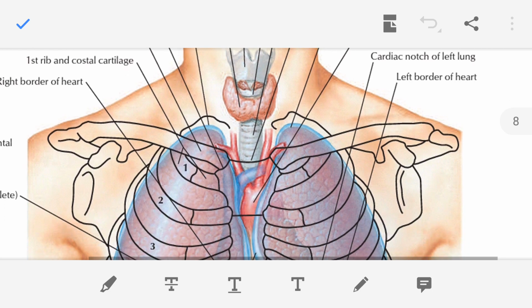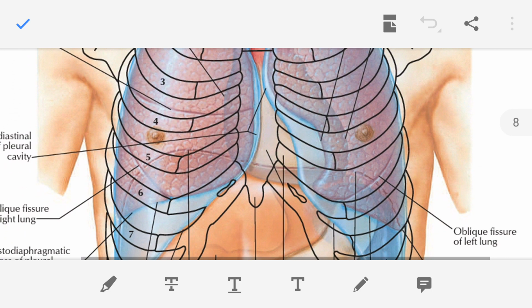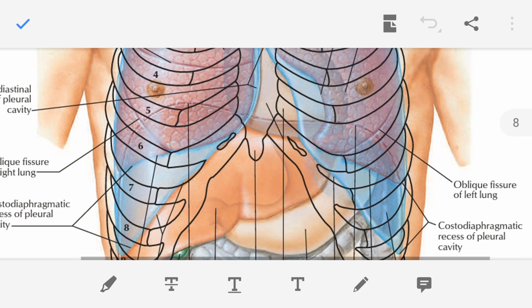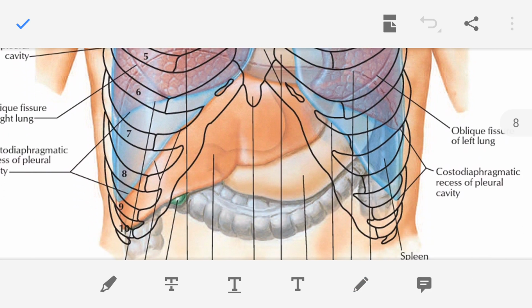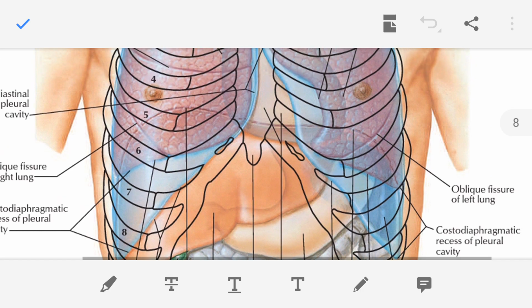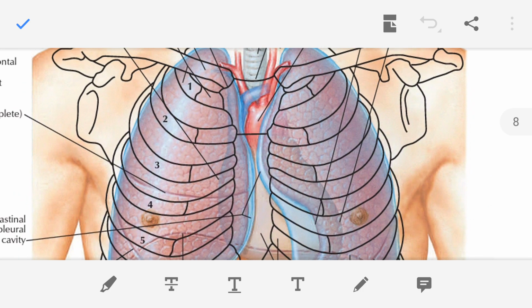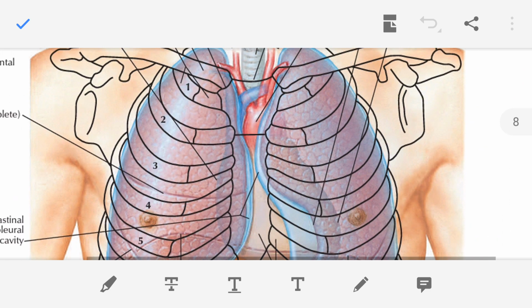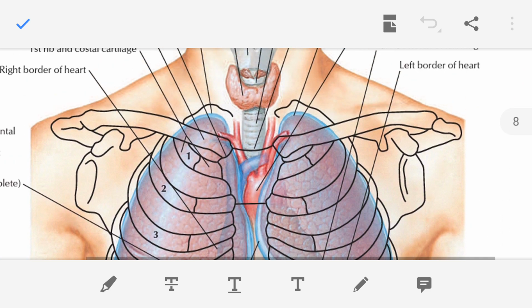Here is the abdominal cavity, and there is the presence of the diaphragm. In another figure I will show you the diaphragm. So between the diaphragm and the clavicle, the lungs are present. You observe the entire figure.